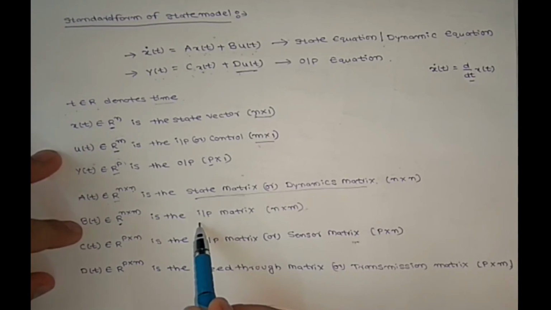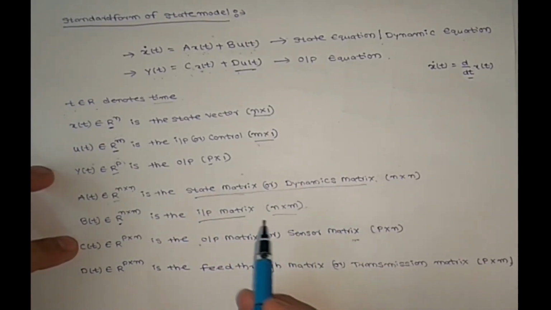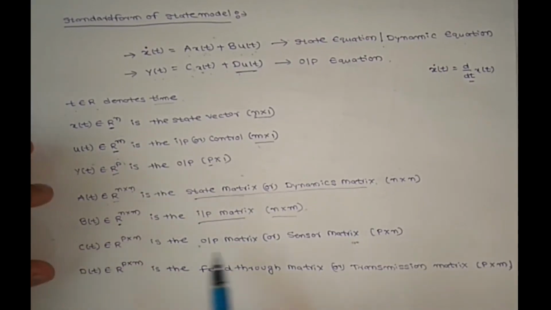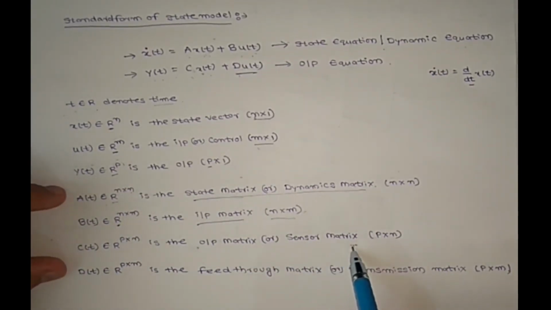It is also called the input matrix. C of t is the output matrix or sensor matrix, with p cross n dimension. D of t has p cross m dimension and is also called the feed through matrix or transmission matrix.